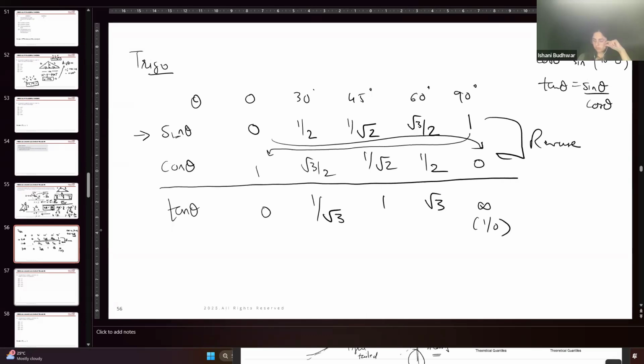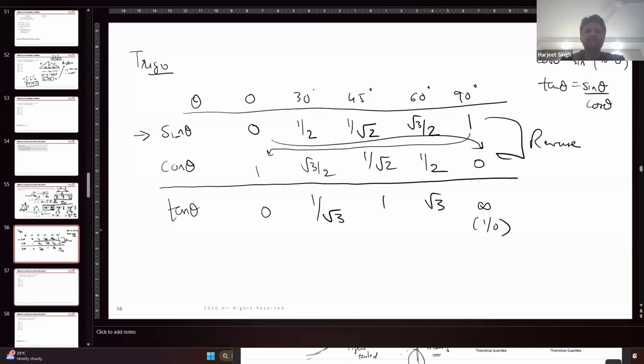You might not be tested on this, but since the coverage includes 30, 60, 90 triangles, it's important to know what is sine 30, sine 60, and cos 30 and cos 60.